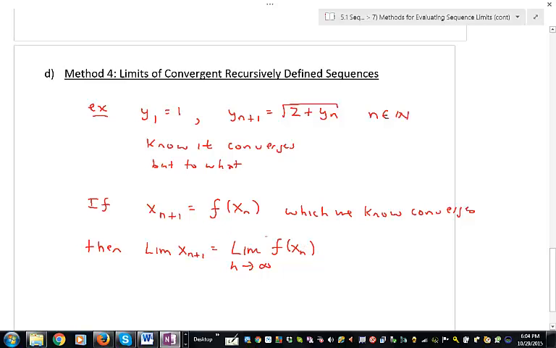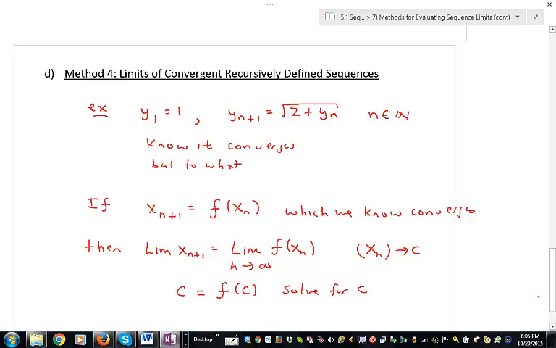Okay. And normally this f is going to be continuous. So if we assume that this converges to C, it automatically follows that C is equal to f of C, and we can solve for C. So basically it says when we have a recursive sequence that we know converges, we can just take the limit of all the terms in that recursive expression.